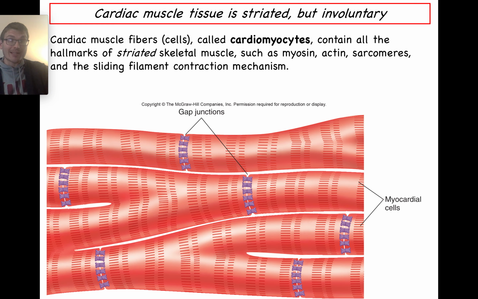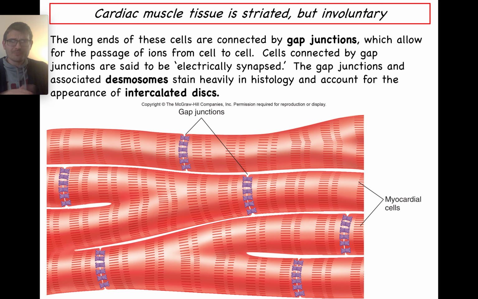So guess what we can say about cardiac muscle here? If it is striated, it must have actin and myosin organized into sarcomeres. So the good news here is that the sliding filament contraction mechanism works almost exactly the same in cardiac muscle as it does in skeletal muscle. So we really don't need to learn a whole new mechanism just because we've moved to a different cell type. So that's great news for us.